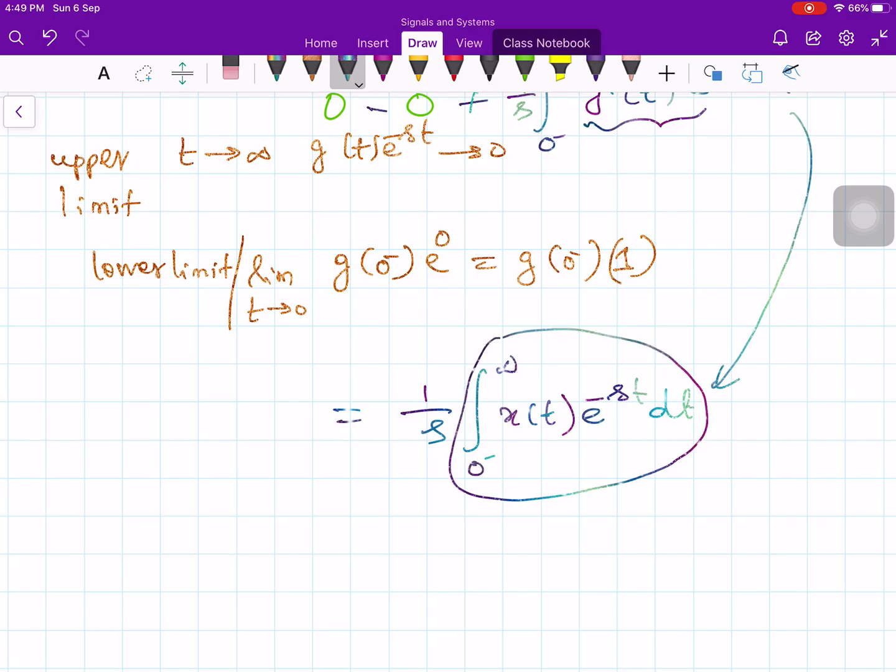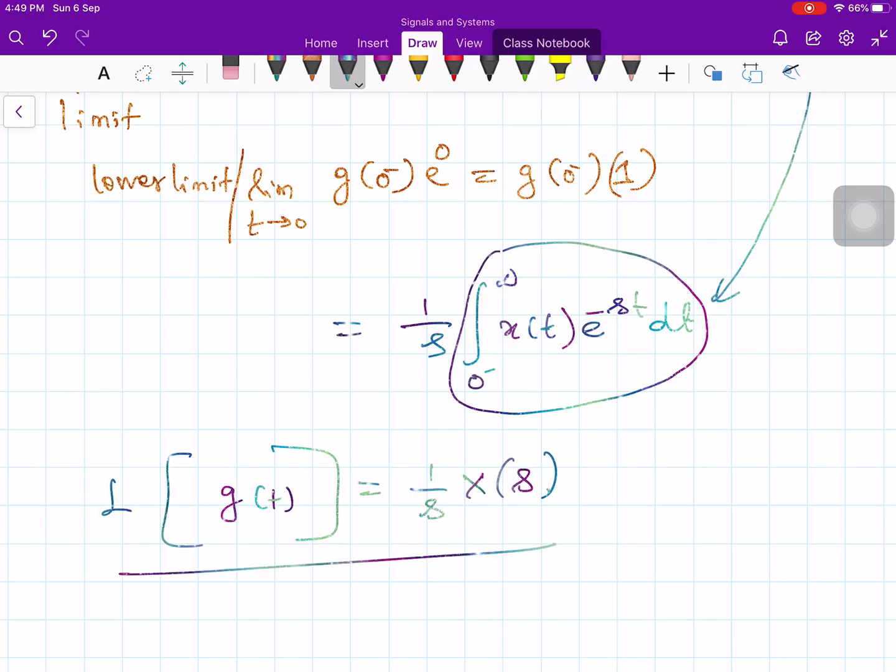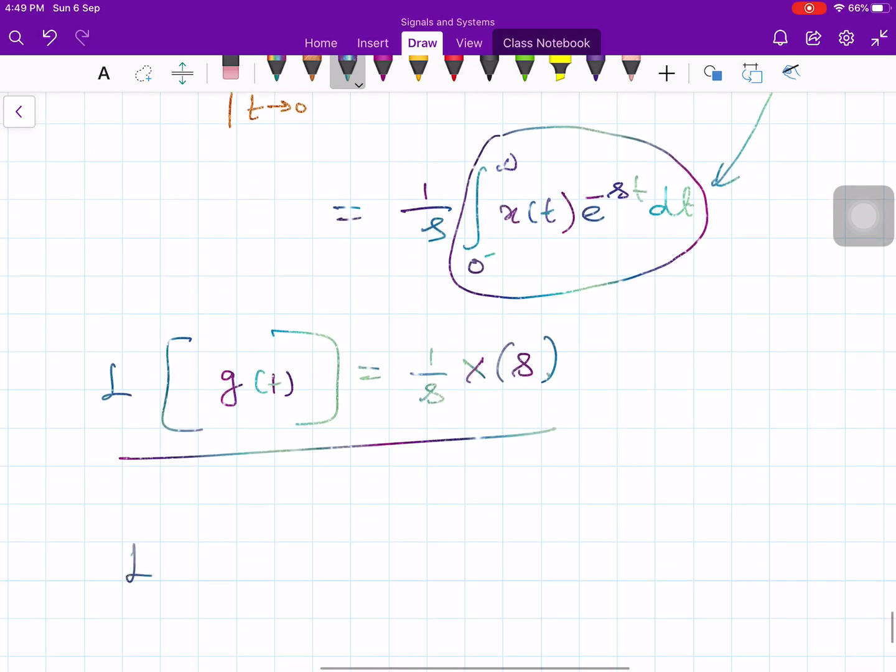Therefore it is 1 over s times x of s. Therefore the Laplace transform of g of t, which is the integral from 0 minus to t of x of tau d tau, is equal to 1 over s times x of s.